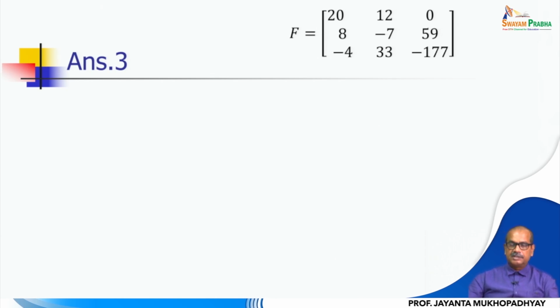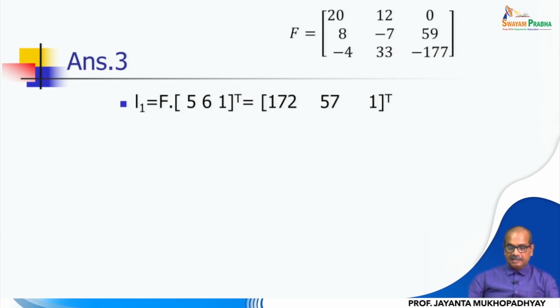So this is your fundamental matrix. Now we know that the epipolar line, given a point, can be obtained by taking the product of the fundamental matrix and the point, but you have to use a homogeneous coordinate representation. So the point was 5, 6. For the sake of space, I have shown it as a row vector, but it is a column vector.